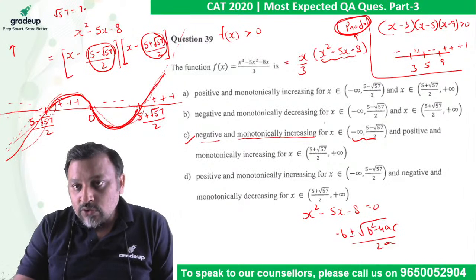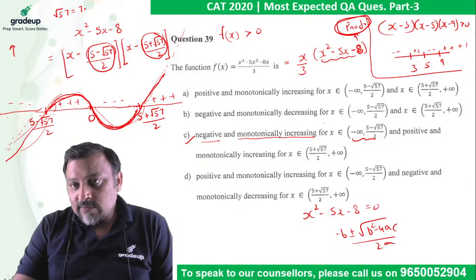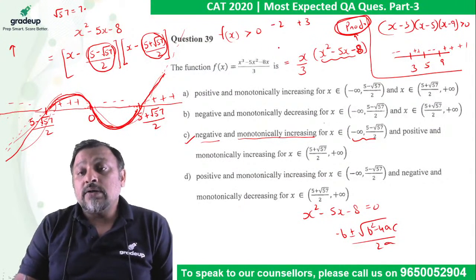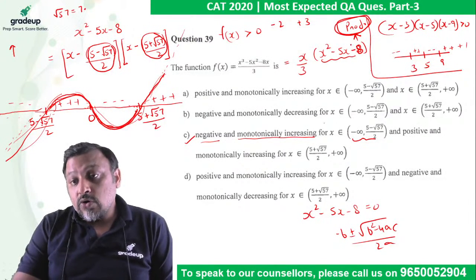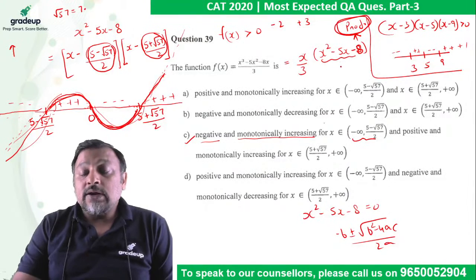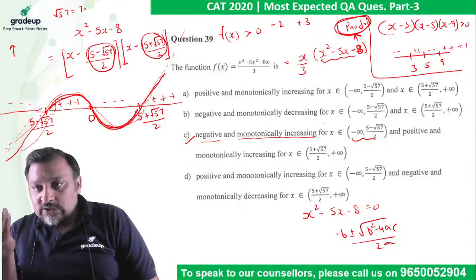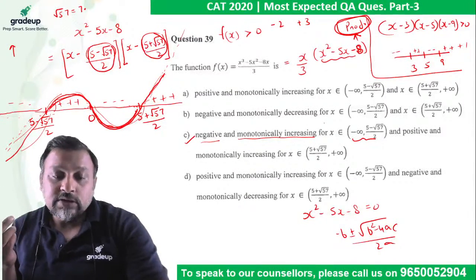Since it is minus 8 here, we can take any values, minus 2, plus 3, anything. But not blindly. You have to check whether we are getting a positive and a negative root. If it is so, then you can take any values you want and check.